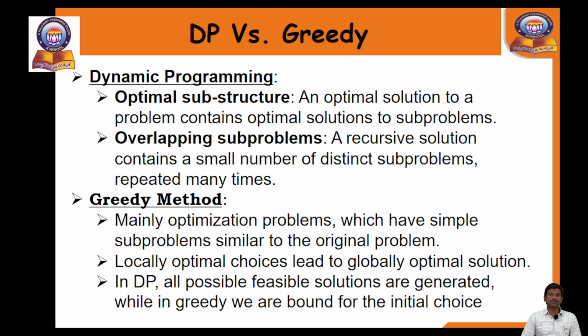In dynamic programming, all the feasible solutions are generated, while in the greedy method, we are bound to the initial choice.